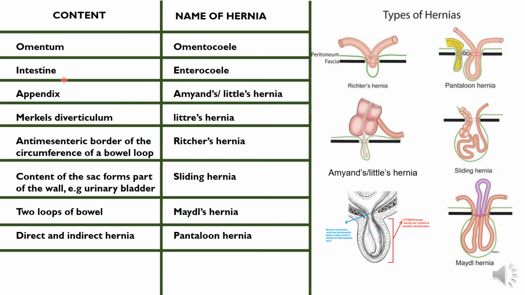So a way to remember it is A. The first letter of appendix is A, while the first letter of Amyand's is A. Also, the appendix is a little organ, a vestigial organ, little in size. You can use that to remember that when you have the appendix present within a hernia sac, whether alone or alongside the bowel loop, it is called Amyand's hernia.